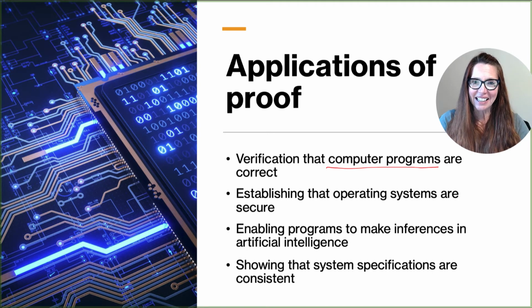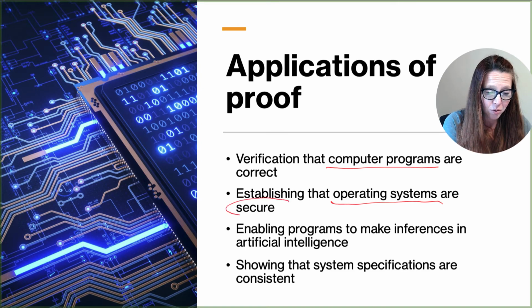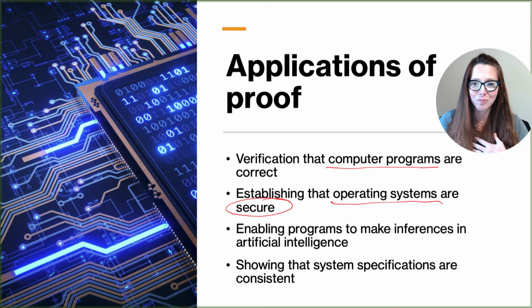If we take in a set of premises as input or information, then we're going to output or return a conclusion that follows logically. They're used to establish that operating systems, which we all rely on so heavily, are secure, which we, of course, hope to assume.